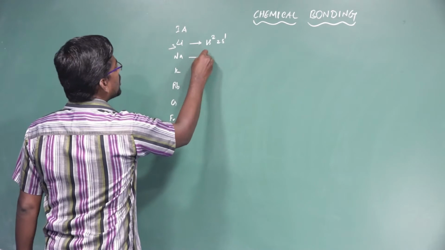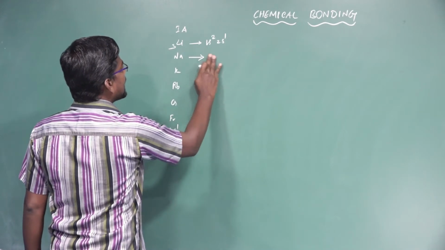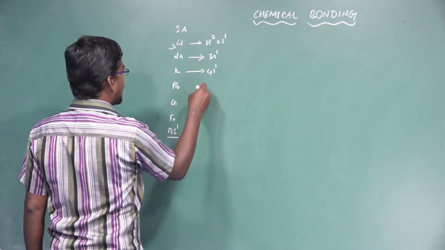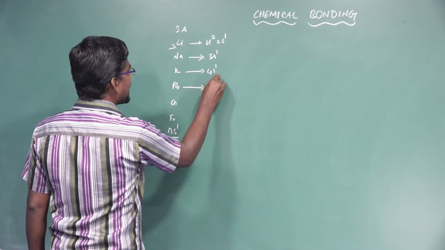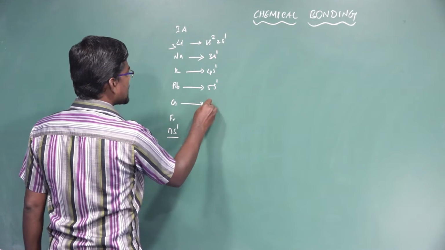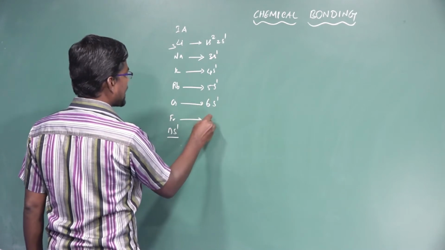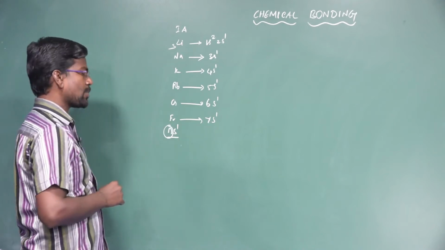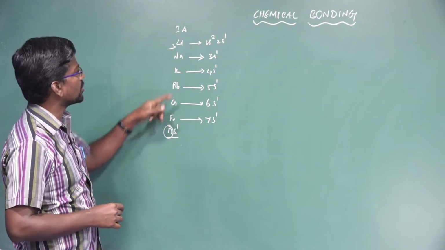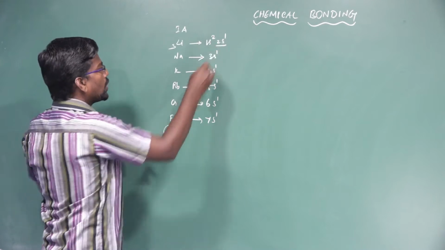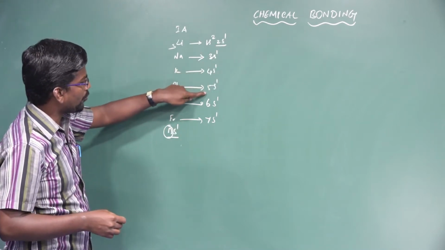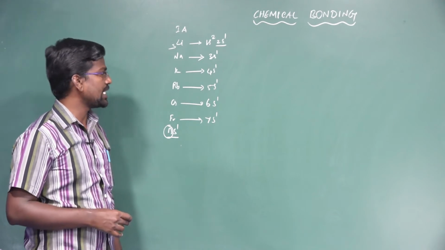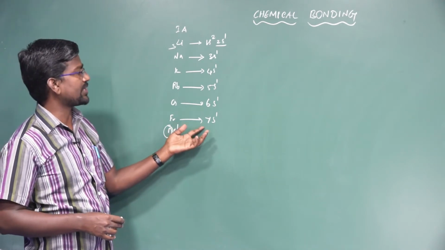Sodium's outermost cell electron configuration is 3s1, potassium 4s1, rubidium 5s1, cesium 6s1, francium 7s1, where n is the principal quantum number, n equal to 2, 3, 4, 5, 6, 7, etc.